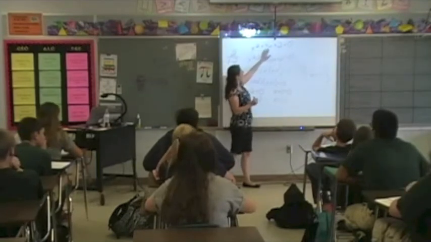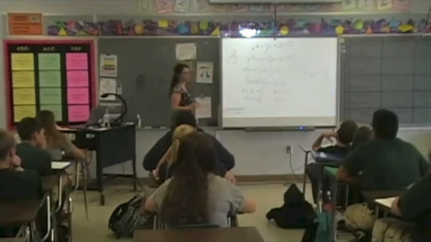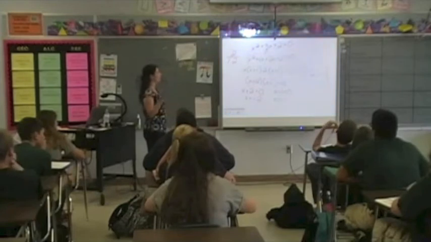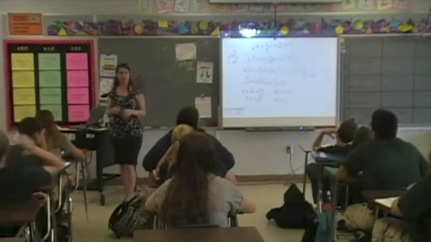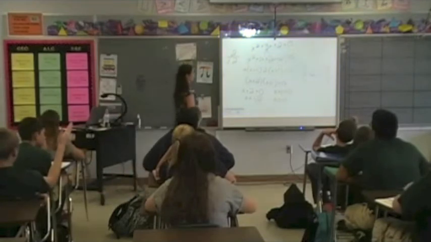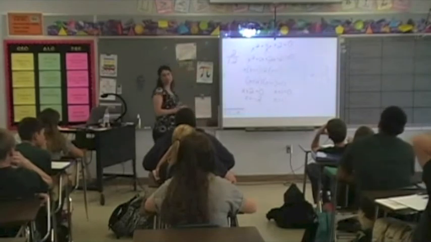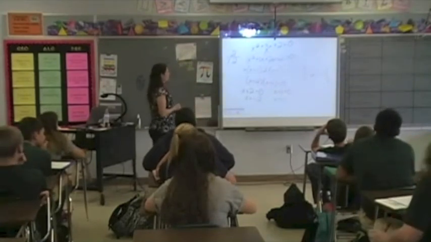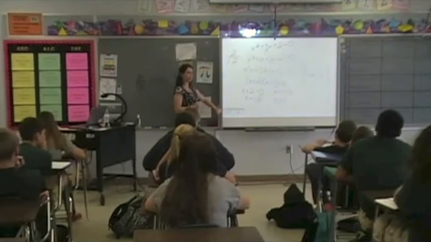If I plugged that back in for both of the x's, my answer would equal 0. Okay? So you can always go back and double check your answers if you think that maybe you don't have the right ones. Kyle? So you can only solve for the ones that have a variable in it. You can't make the 2 equal 0. Right, exactly. Okay. All right, any questions on this one before we look at a second example?